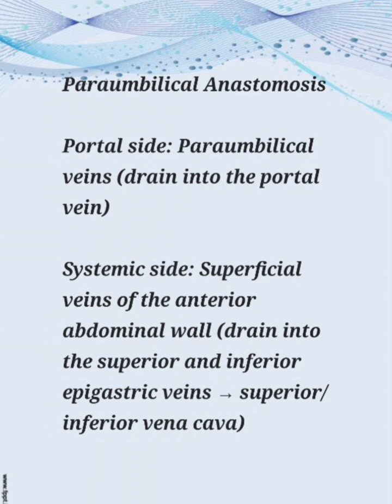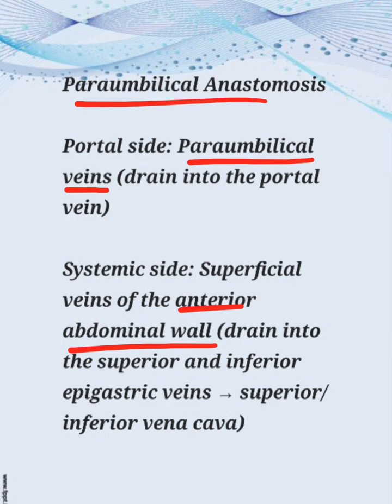Coming to the para-umbilical anastomosis, around the umbilical region, this anastomosis takes place between the para-umbilical vein and the veins of the anterior abdominal wall.